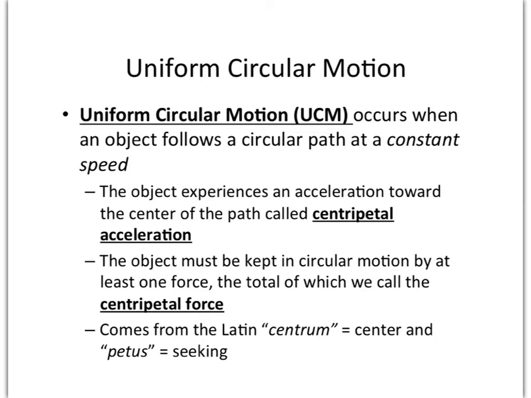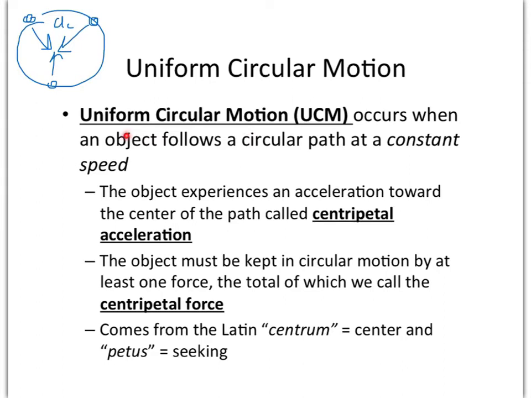So this actually brings us to the concept of uniform circular motion. If you have a constant acceleration being directed towards a central point, a centripetal acceleration, and no matter where the object is around that central point, the acceleration is directed towards the center, we will say that object will have uniform circular motion.